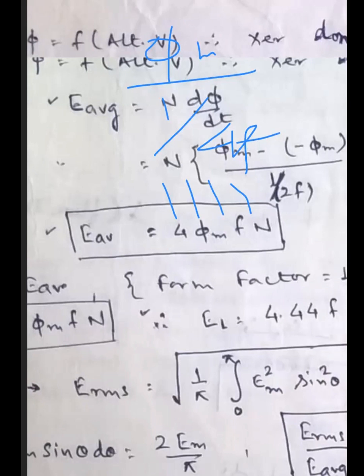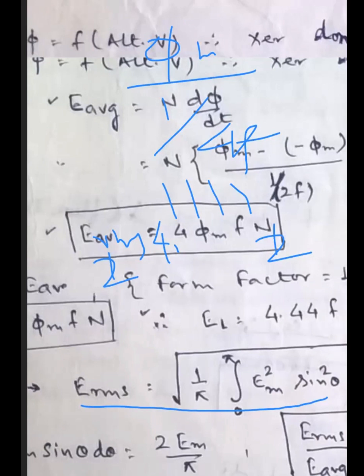So we will get the RMS value as 4.44 φm f N. If this is the EMF of the primary side, then it becomes E1 with N1. If it is E2, it becomes N2. Similarly, we can derive this E RMS using the same single phase concept. This is just the repetition.